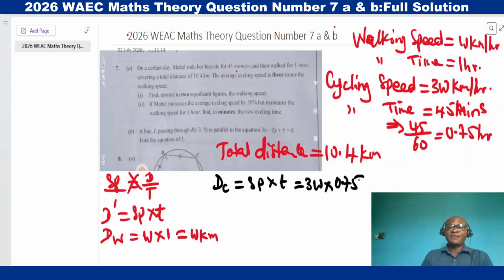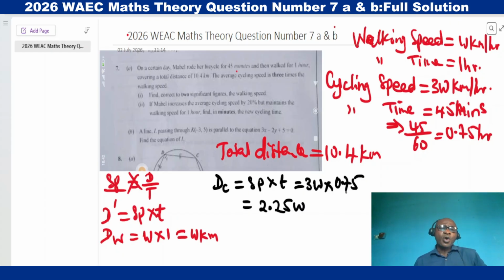So we multiply the two together, and 0.75 multiplied by 3 gives me 2.25. So the distance covered cycling is 2.25W. What did I do? I did 3W multiplied by 0.75.